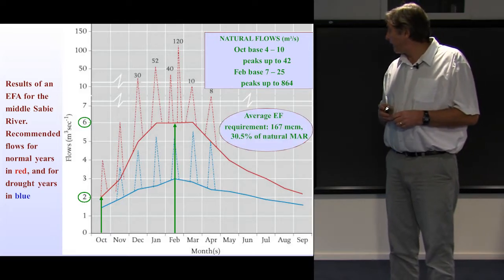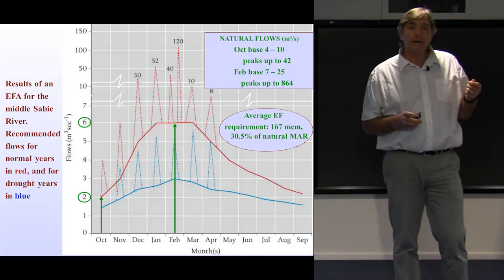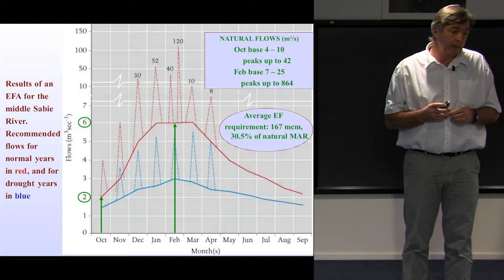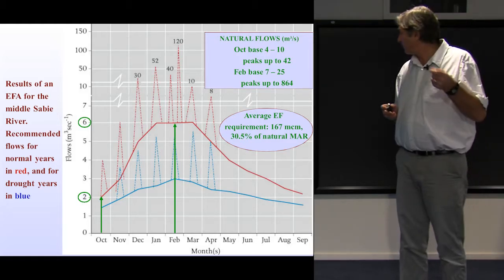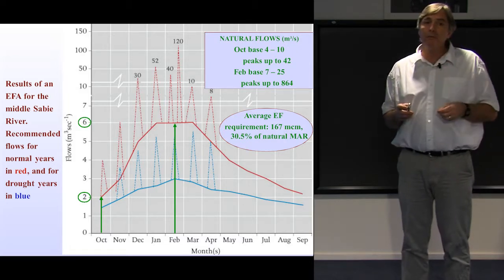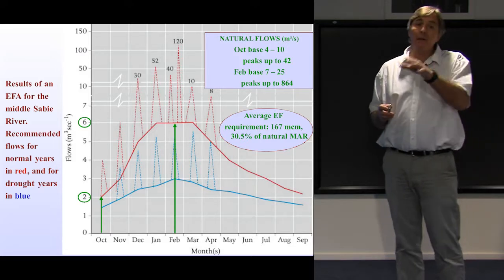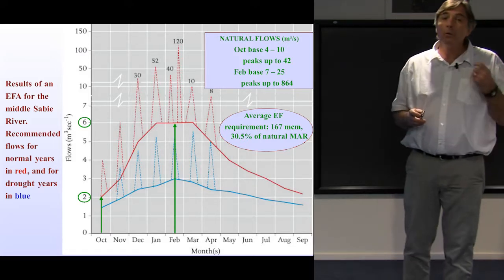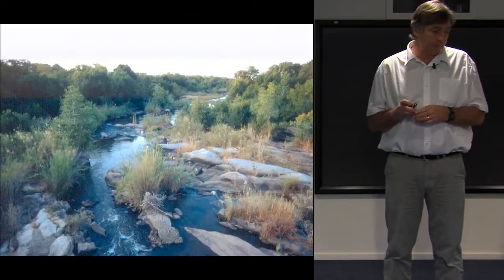So the average environmental flow requirement would be 167 million cubic meters per year, or 30.5% of the natural mean annual runoff, MAR. Okay, so a lot of water can be taken out of these rivers, in the opinion of the specialists who did this assessment, without significantly modifying the condition of the river.